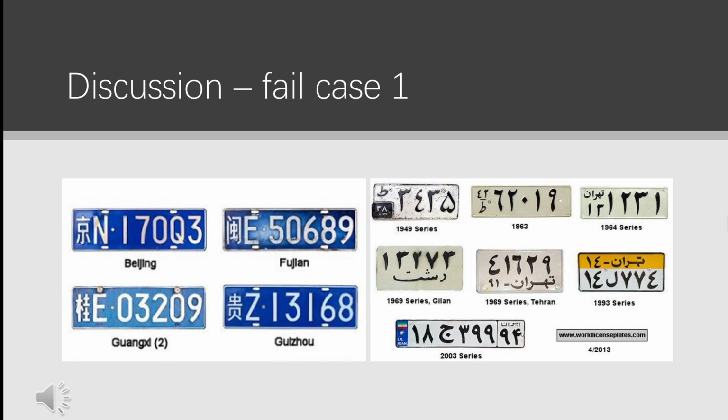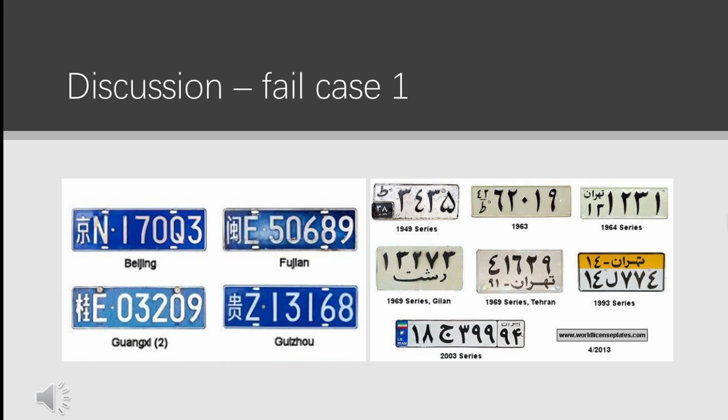Other than the Chinese license plate that can be mostly recognized by our ANPR application, there is another type of license plate that completely cannot be processed by the ANPR application. As shown in the right figure, most parts of the Iran license plate do not have numeric or alphabet characters.